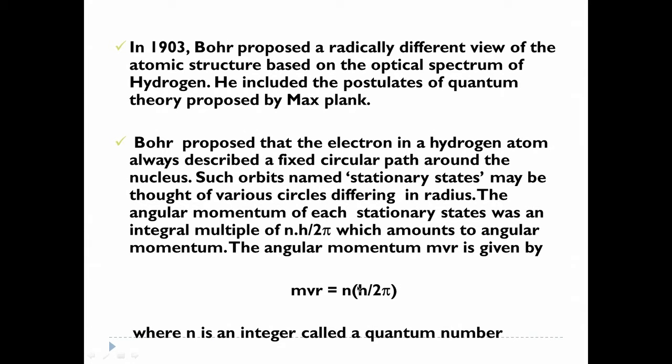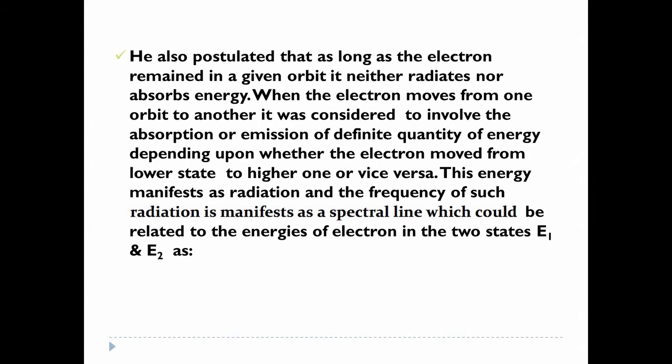That angular momentum is given by mvr equal to nh by 2 pi, where n is an integer called the quantum number. I think you are all familiar with this, and he also postulated that as long as the electron remains in a given orbit, it neither radiates nor absorbs energy. So, that is the fundamental truth.